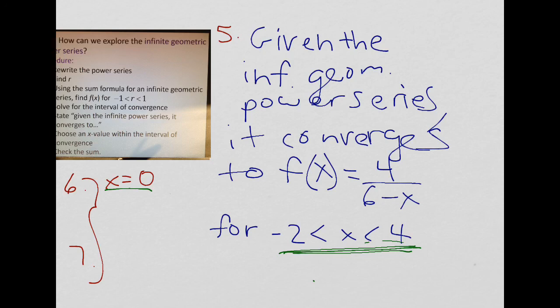Anyway, if x is equal to 0, then we're going to plug that into our sum formula and our function. If we plug this into our sum value, our sum was 1 over 1 minus 1/4, quantity x minus 2.